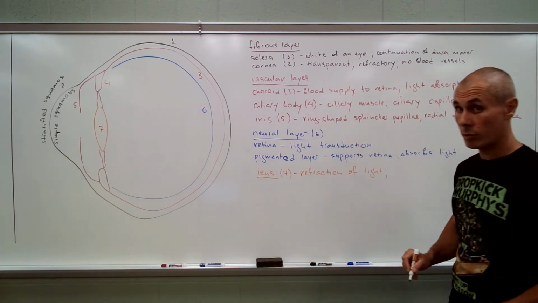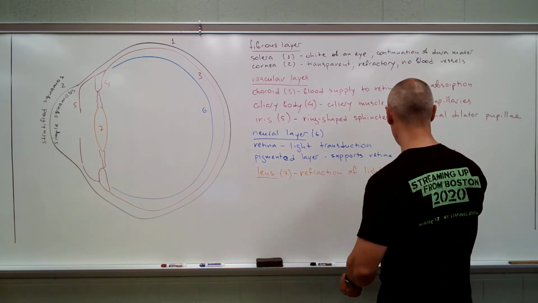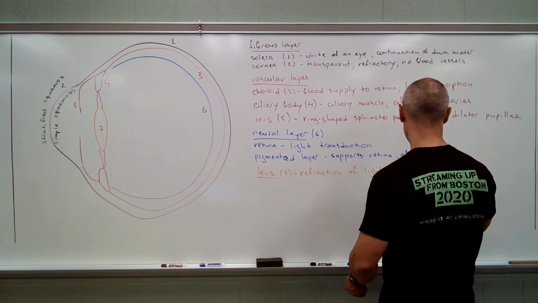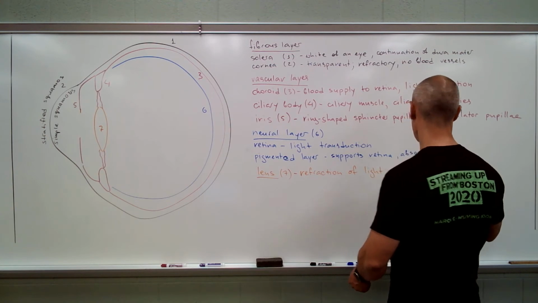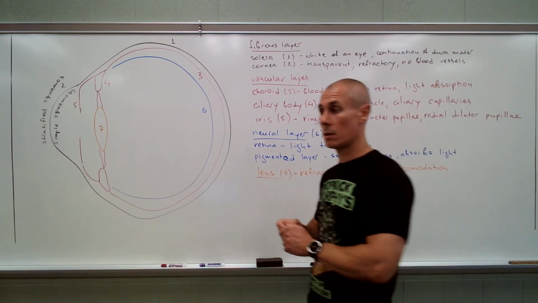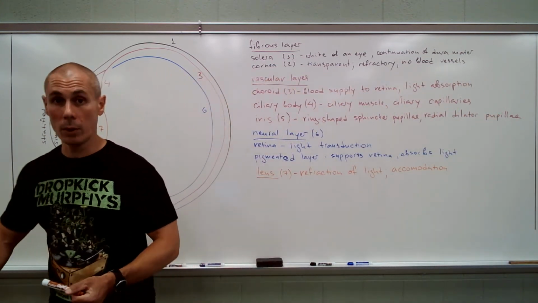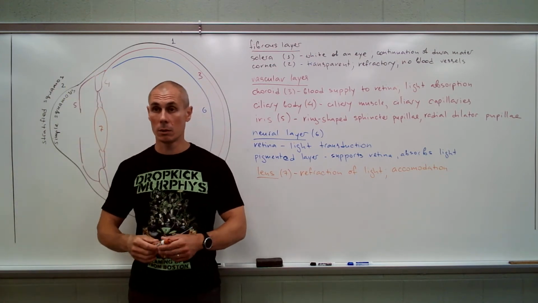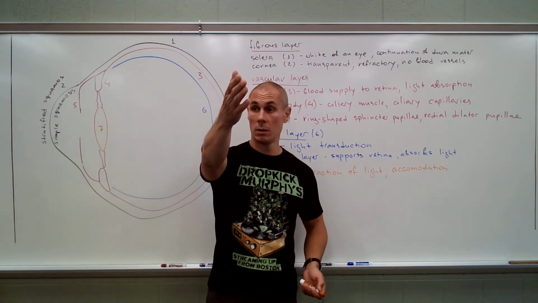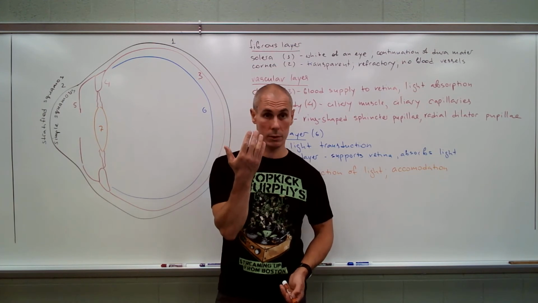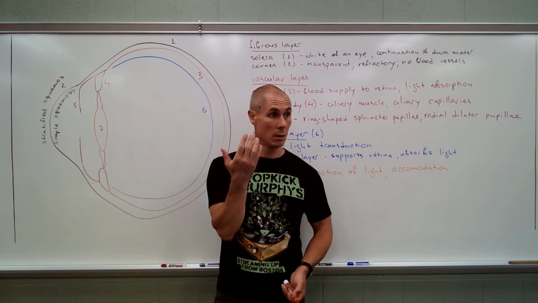And they are responsible for what we call accommodation. Accommodation means that they can change shape, therefore you can look at something far and you can look at something close. Does that make sense?